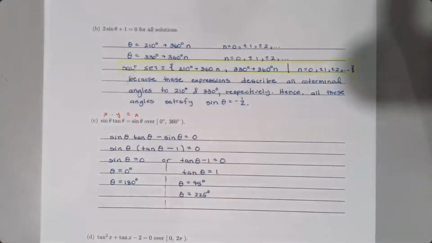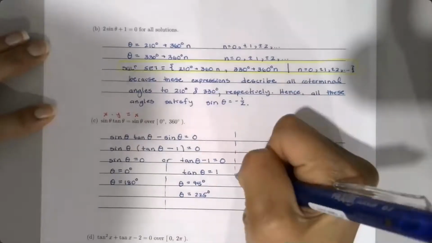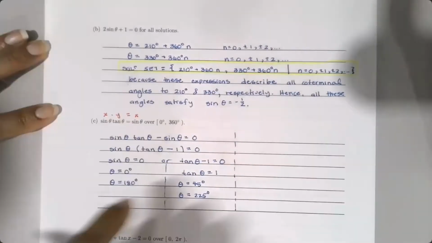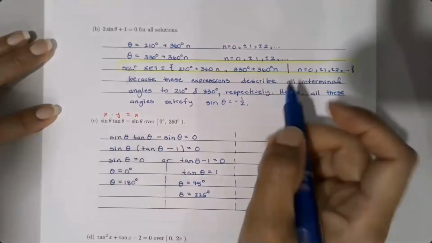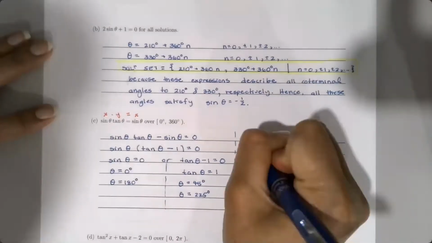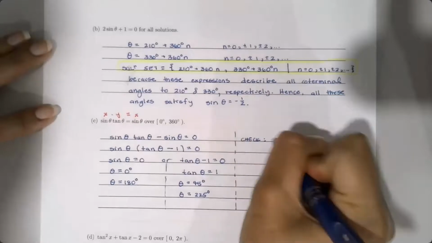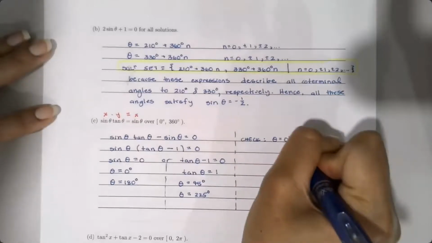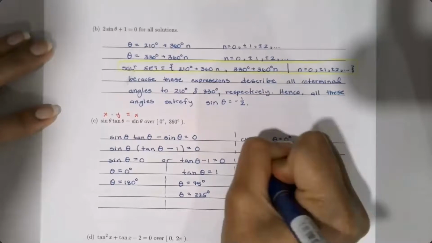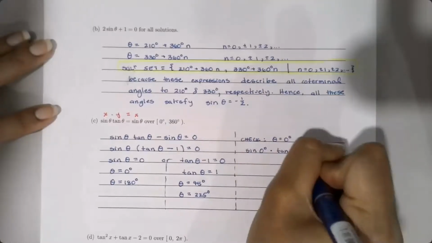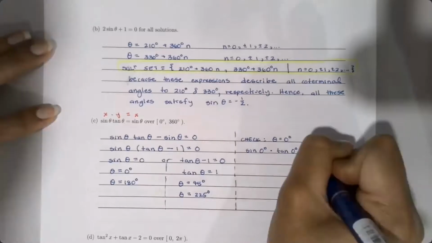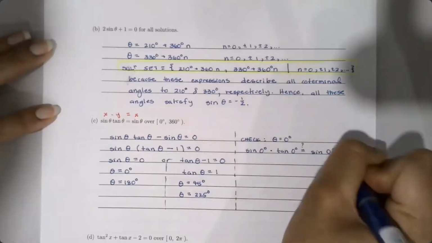Now again, it's a good idea to check. I won't check all 4 answers, but I will check one from each. So let's check 0. We have sine of 0. Is it true that sine of 0 degrees times tangent of 0 degrees is going to be equal to sine of 0 degrees?